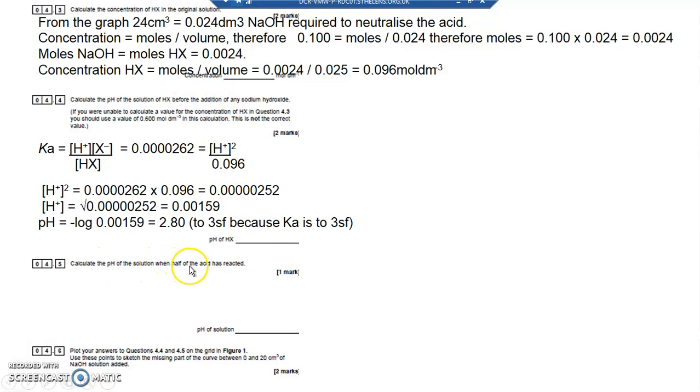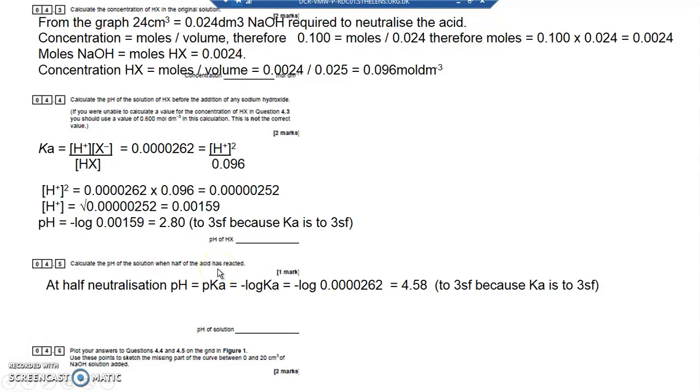Calculate the pH of the solution when half of the acid has reacted. At the half neutralization point, when you've got half the number of moles of acid and half the number of moles of base that I need to react, pH equals pKa. pKa is minus log to the base 10 of Ka, and Ka is 0.000262.